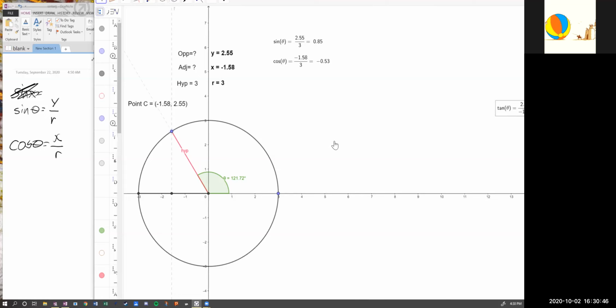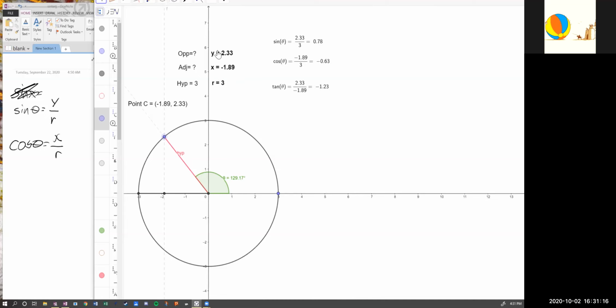You can probably imagine where we're going with this with tangent. Tangent was the ratio between opposites and adjacents. Well, in a triangle anyway, when we were over here, we had opposites and adjacents because the angle could survive in a triangle. But once we're over here, the triangle doesn't exist, but our x, y, r definitions still hold.